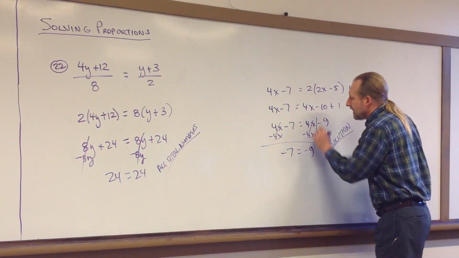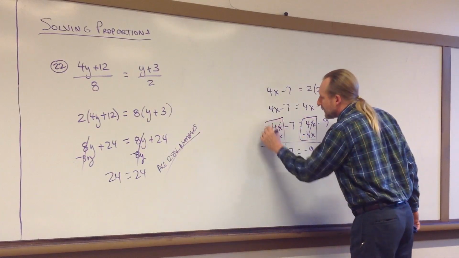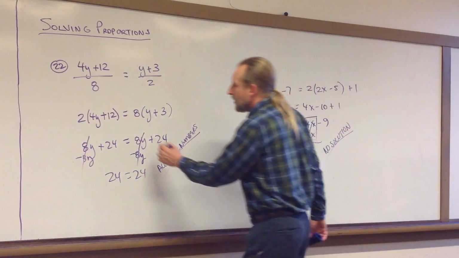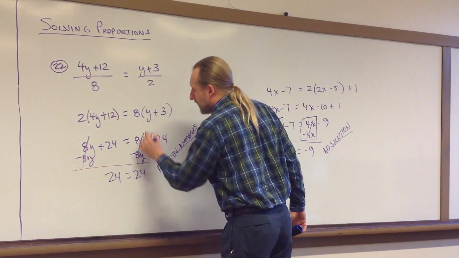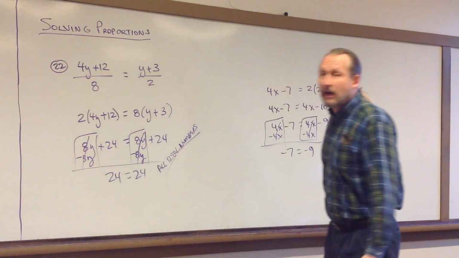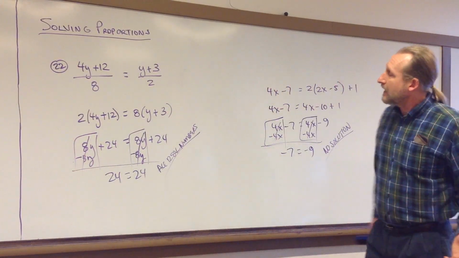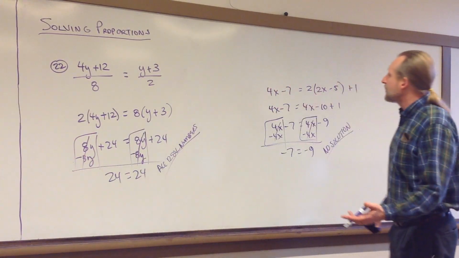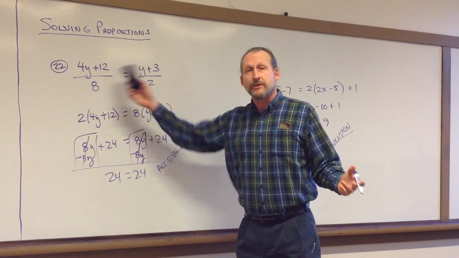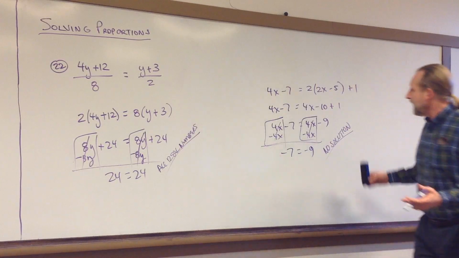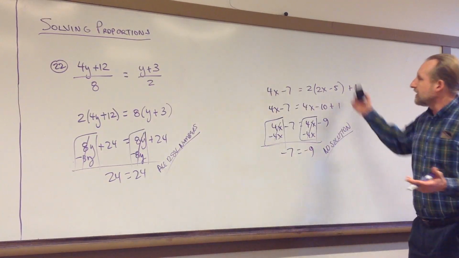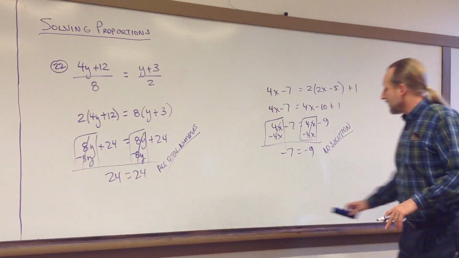And that's what happens when you get the same number of x's on either side, okay? And you go to try to cancel out one side and you end up canceling out the other side as well. When that happens, you're either going to end up with an all real numbers situation, which actually says that these things on either side are the same thing, or you're going to end up with a no solution, which is basically saying that these two sides will never be equal to each other.